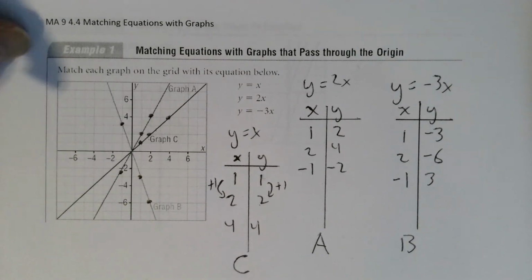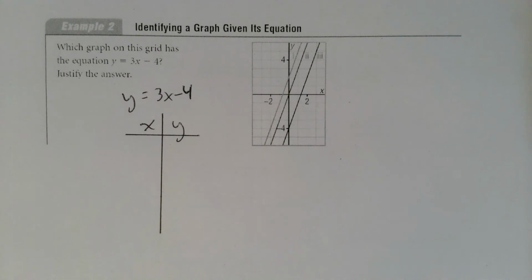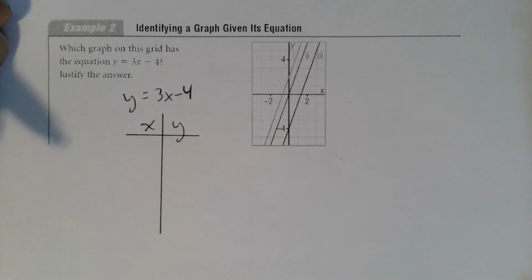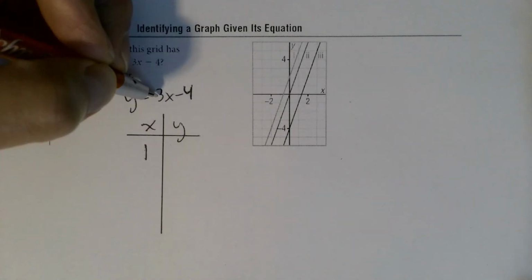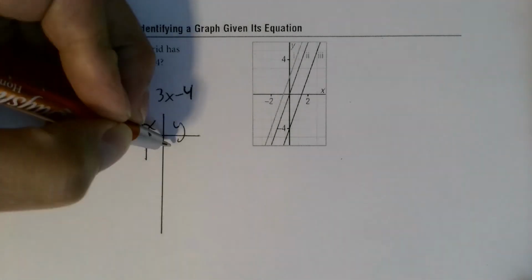Okay, let's have a look at another one here. Which graph on this grid has the equation y equals 3x minus 4? And it's 1, 2, 3 in Roman numerals over there. Okay, well, let's put in x equals 1. 3 times 1 is 3, minus 4 is -1.